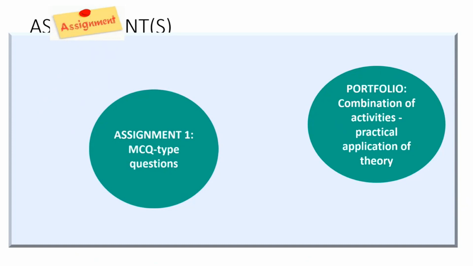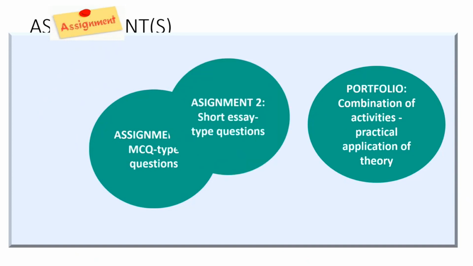That is when you are doing your teaching practice. Your portfolio consists of a combination of activities that is practical application of the theory. Your assignment 2 to assignment 5 are short essay type questions.